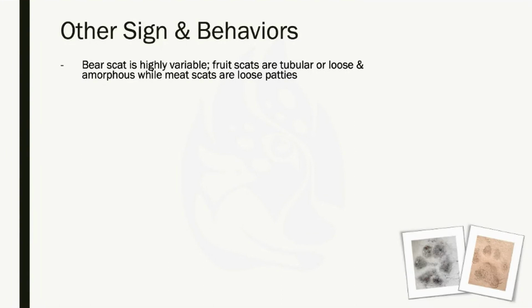And when they are eating fruit and vegetable matter, you're going to see their scats are going to be more tubular like humans, maybe somewhat loose, and maybe at times amorphous with no shape or kind of falls apart. Whereas if they've been feeding on an animal, whether deceased or they made a kill, they're going to be more of these loose patties, okay? And you can think more like a cow scat, if you will, or bovine scat, okay?